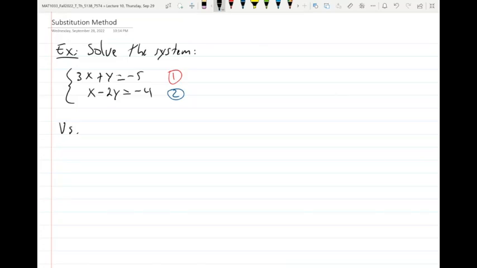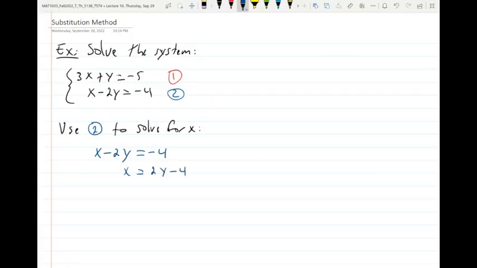So I'm going to use number 2 to solve for x. Number 2 tells me that x minus 2y equals -4. So that means that x equals 2y minus 4. Does everybody understand this? Remember, this x is the same as the x in the top. So now what you do is plug this expression into the first one.